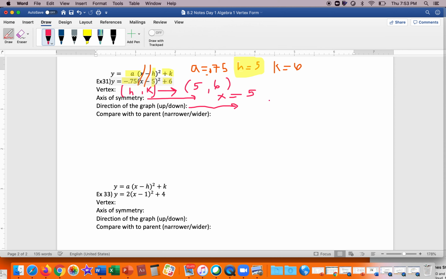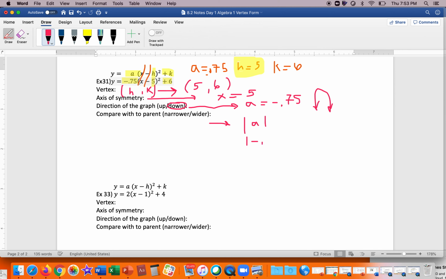The direction of our graph, we look at our A value. Since our A value is negative 0.75, since A is negative, we know it opens downwards. And then over here, we look at the absolute value of A to see if it's narrower or wider than the parent.